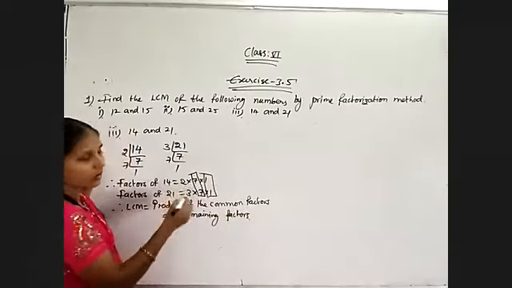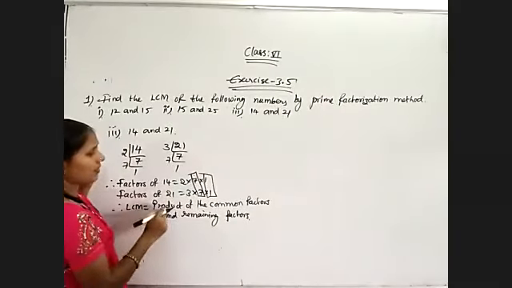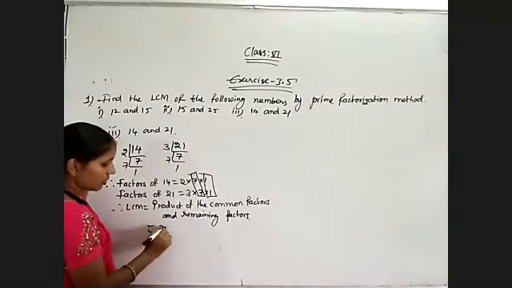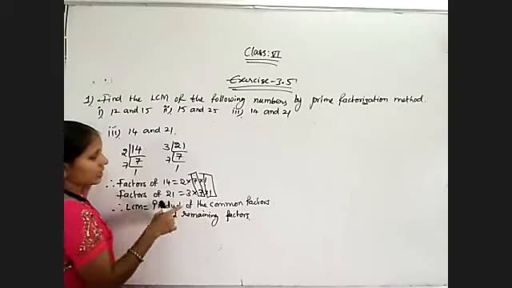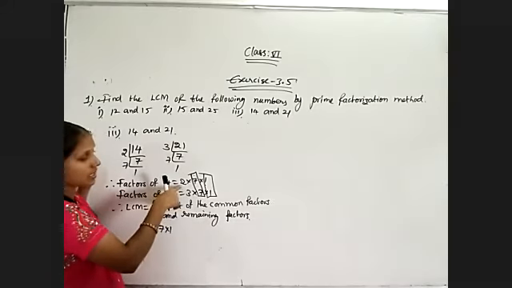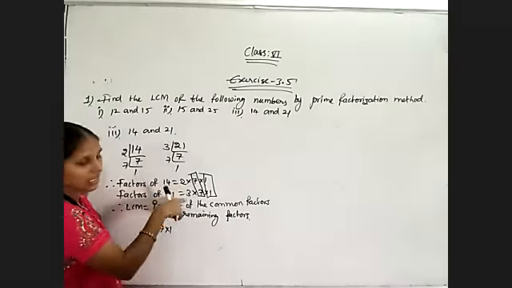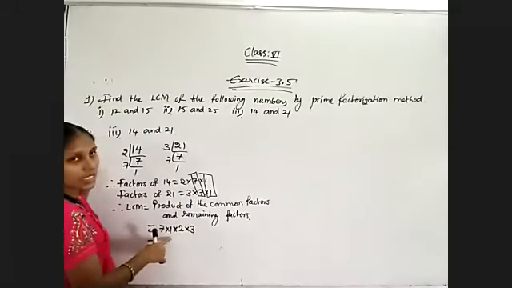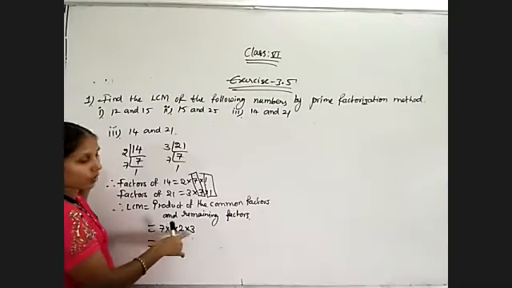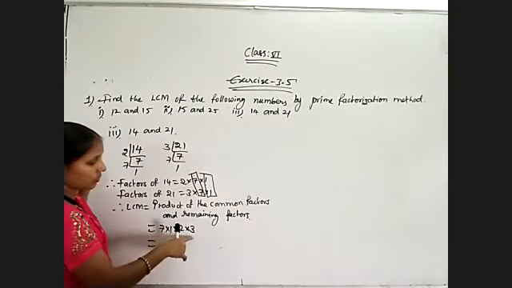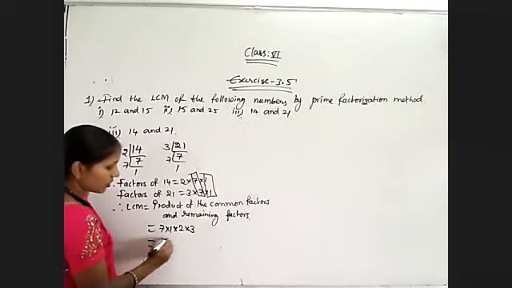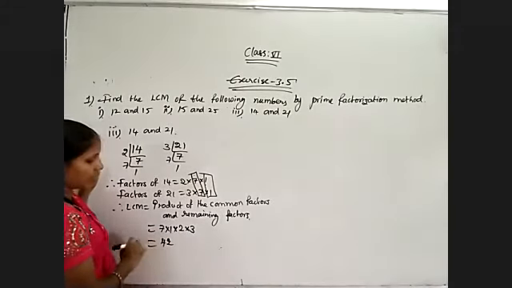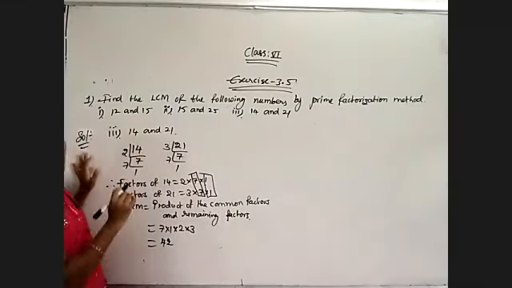So observe, what are the common factors? 7 and 1. So 7 into 1, and the remaining factors. What are the remaining factors? In the first number I have 2, in the second number 3 is left. So into 2 into 3, which is equal to 7 ones are 7, 7 twos are 14, 14 threes are 42. Sorry. So 42 is the LCM of 14 and 21.